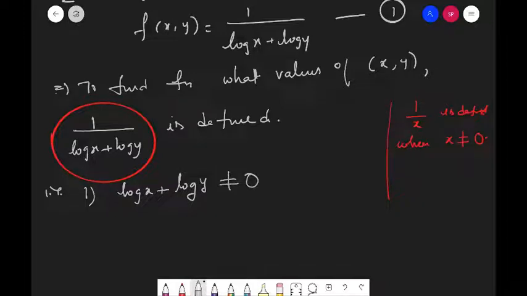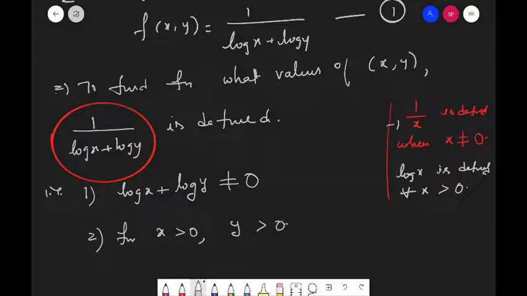And again, here logarithmic functions are there. So second point is log x is defined for all x greater than 0, and log y is defined for y greater than 0.